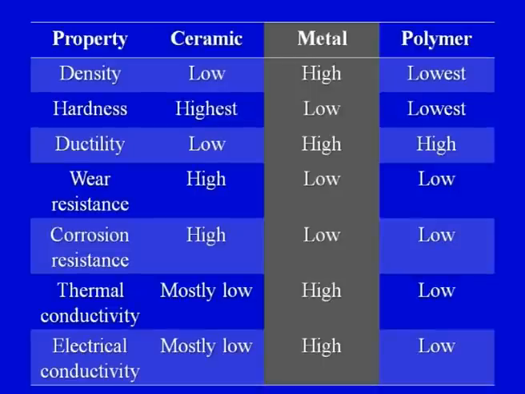So we have seen in this particular table the comparison between the ceramics and the metals. The other comparison between the metals and the polymers we will see when we start discussing the module on polymers. But if we compare the two important classes of materials, metal and ceramic, we can see that for lightweight applications, high temperature applications, and applications where wear resistance and corrosion resistance are desired, we should certainly use the ceramic materials.